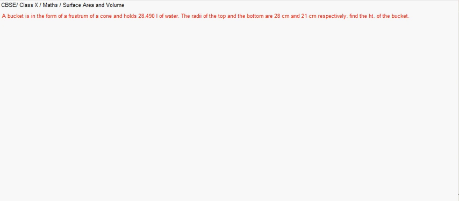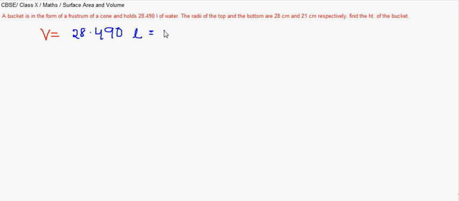Let us note down for ourselves what is already given. It says volume is equal to 28.490 liter. This is all given in centimeter, so convert this into cubic centimeter.